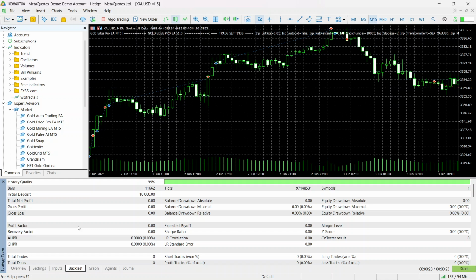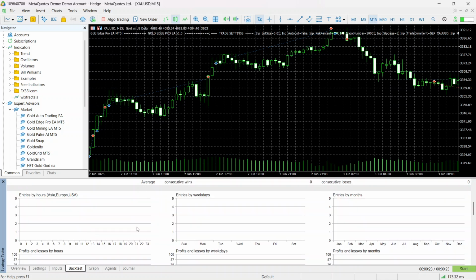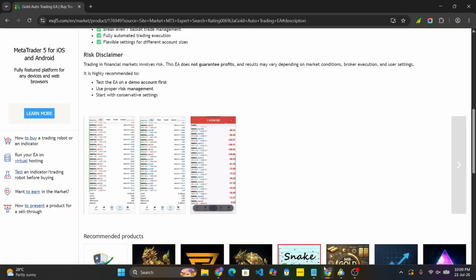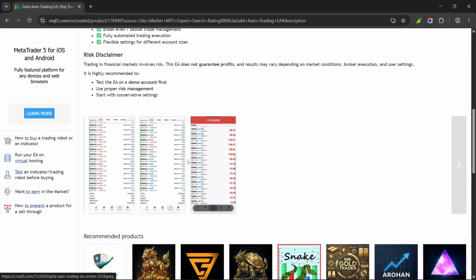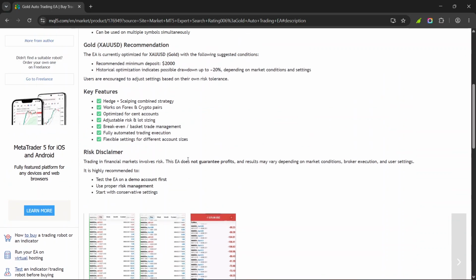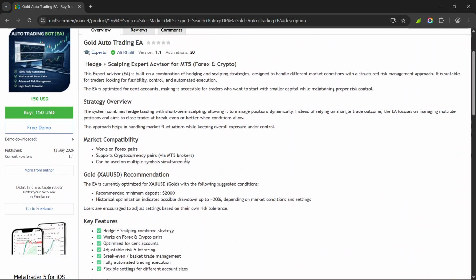It's definitely not plug and play for prop challenges or hands-off big accounts. Who should avoid this EA? Beginners without experience managing hedge EAs and anyone expecting reliable scalping profits right away.